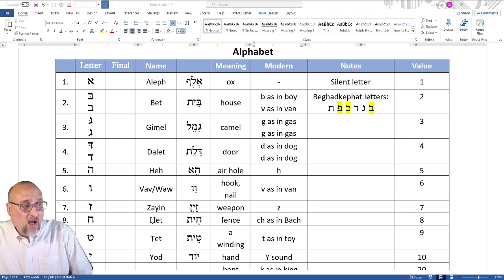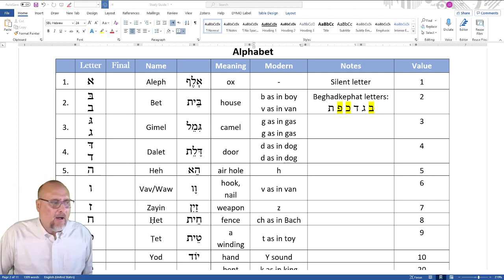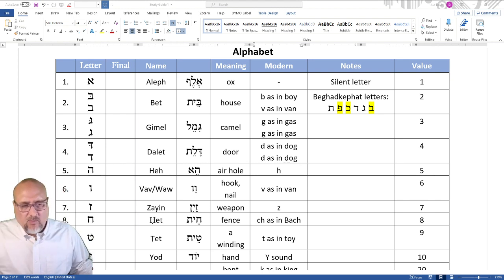But know that what we are learning is going to be slightly different than what some people say is the ancient pronunciation. The reason we're doing it this way is because they don't have MP3s of the ancient pronunciation and they do of the modern, so we're just going to go with the one with the resources. Any questions about that?